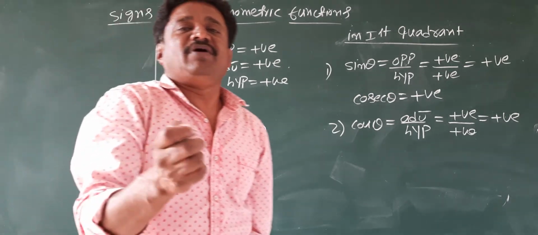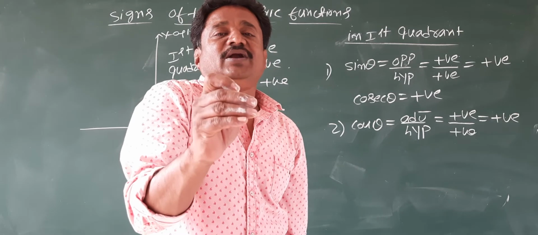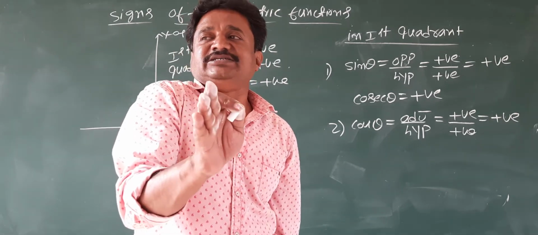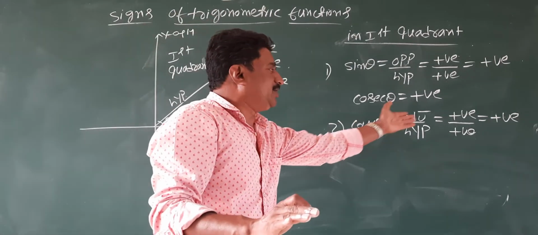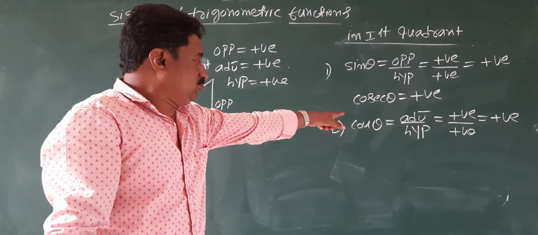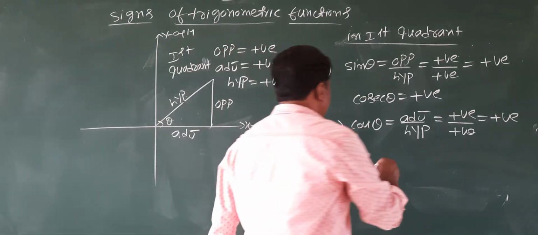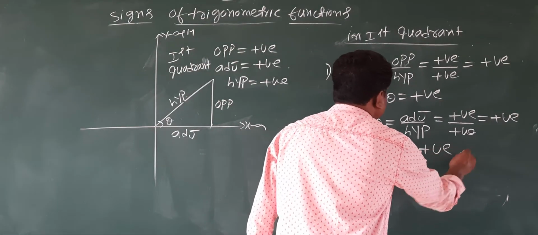All cos theta values in the first quadrant must be positive. If cos theta is positive in the first quadrant, its reciprocal, secant theta, is also positive.